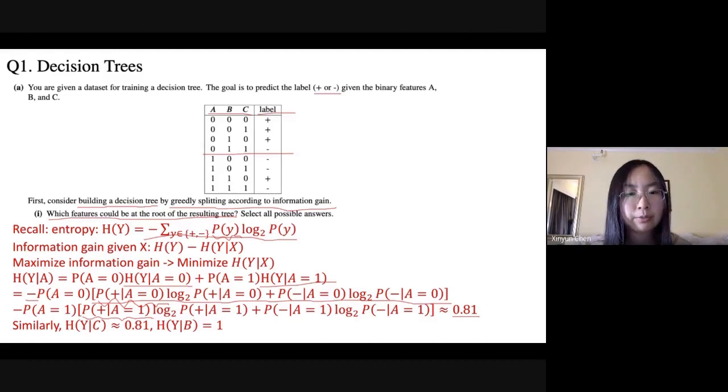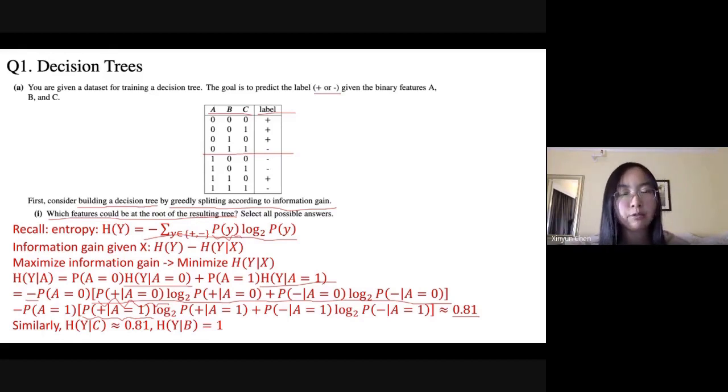And if we take a look at the points where A equals to 1, we can see that for 75% of the points, they will be a minus, and 25% of points, it will be a plus.